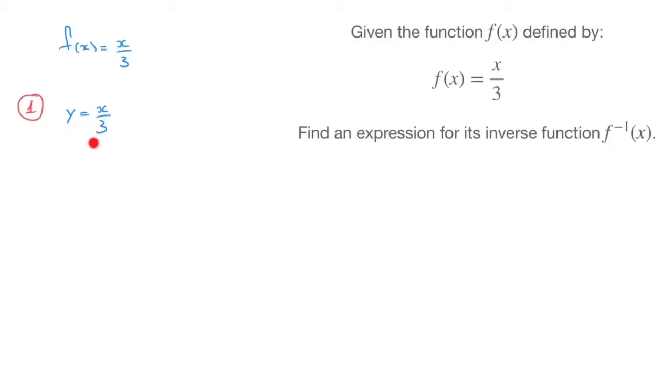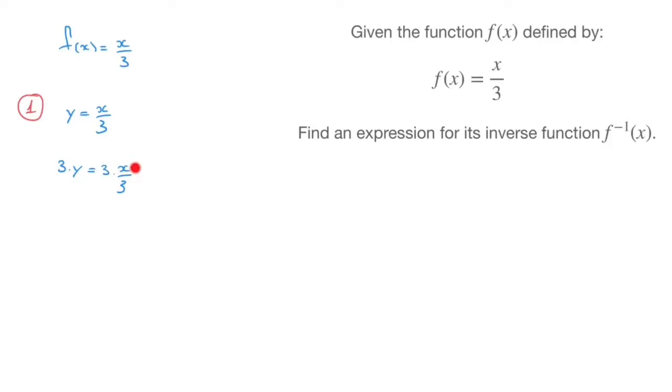Now, looking at this equation here, we can see on the right-hand side that x is being divided by 3. So to get rid of this 3, we need to multiply both sides of the equation by 3. That would look like this. 3 times y equals 3 times x over 3.